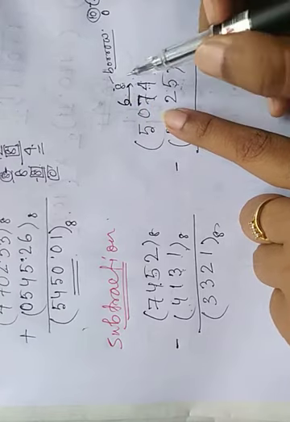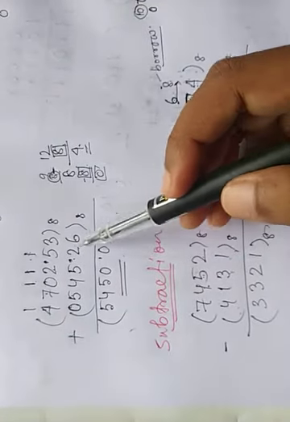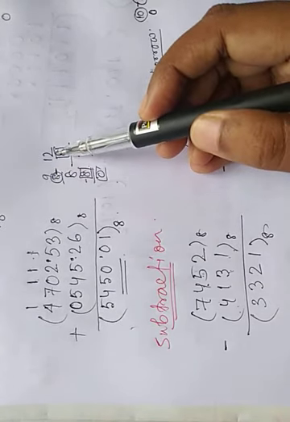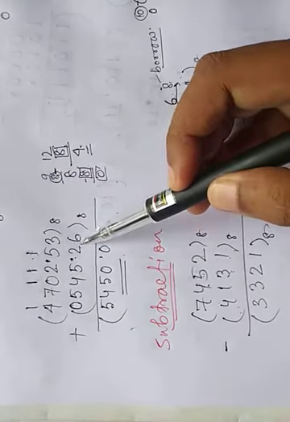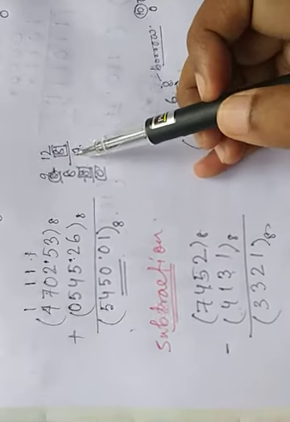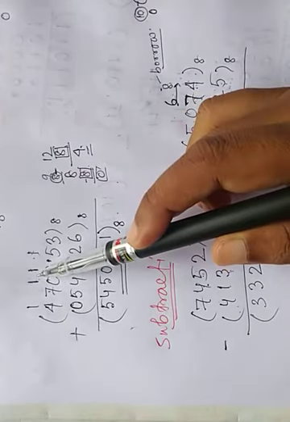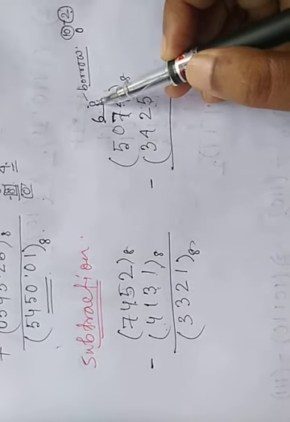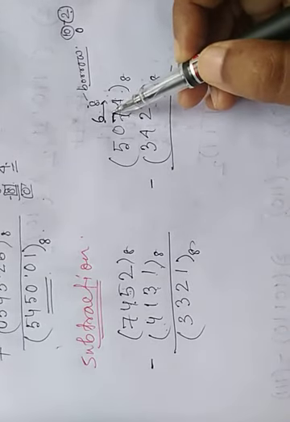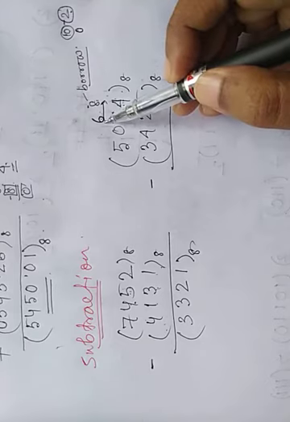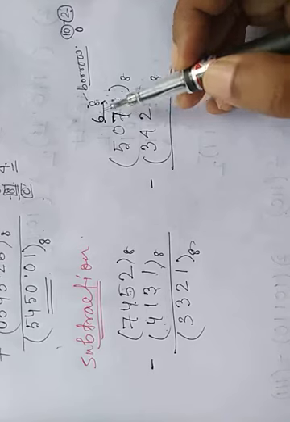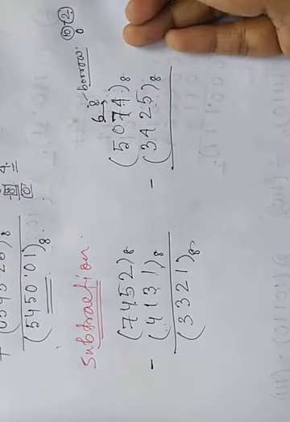Clear? In the addition system, if the sum is 8 or greater, then in order to carry we add 1, and in order to borrow here we have to borrow 8, but that number is diminished by 1, because one is taken from its next position.